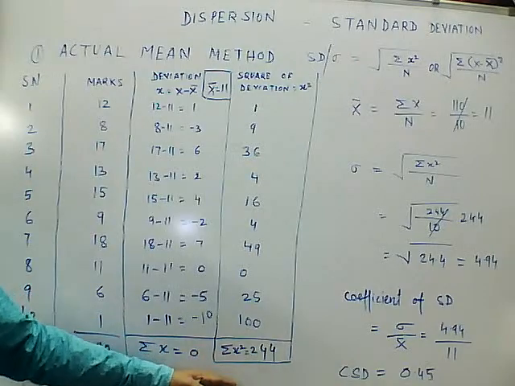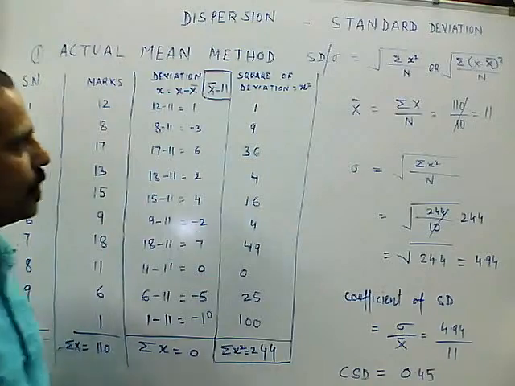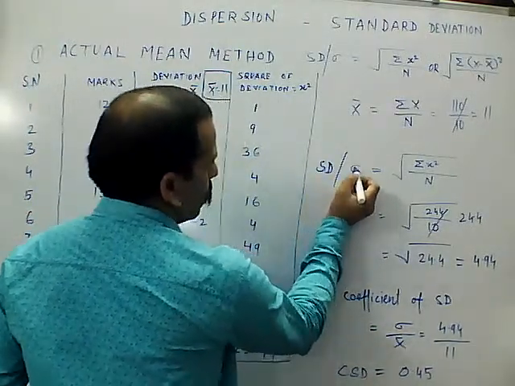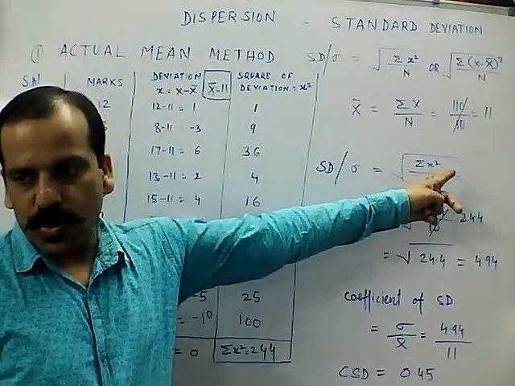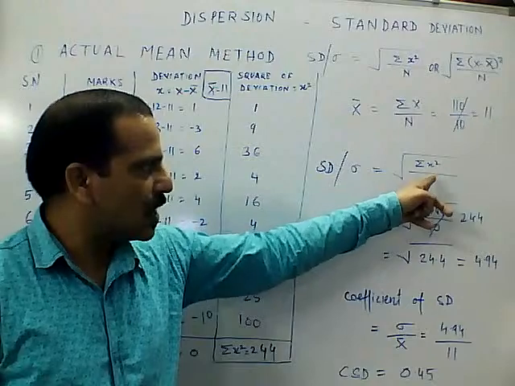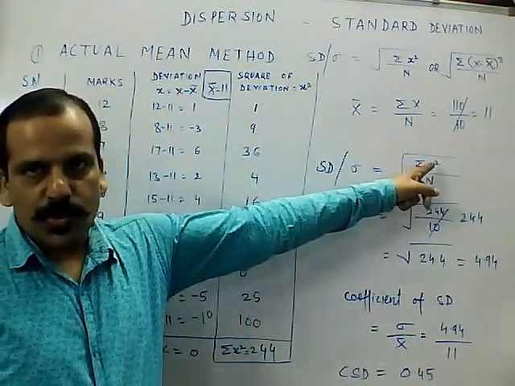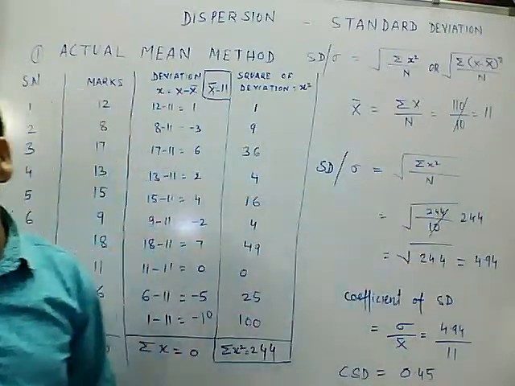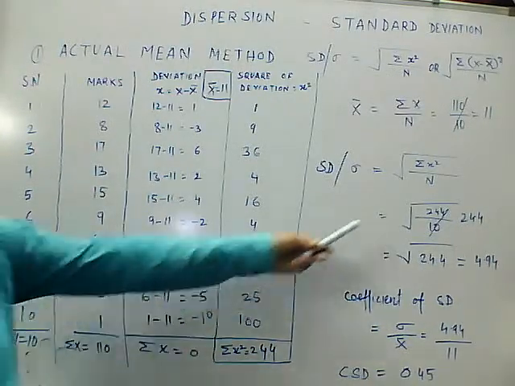Now place these values. I wrote here standard deviation, or sigma, equal to the square root of summation x square upon n. The sum of the square of deviation is 244 divided by the number of observations, which is 10.